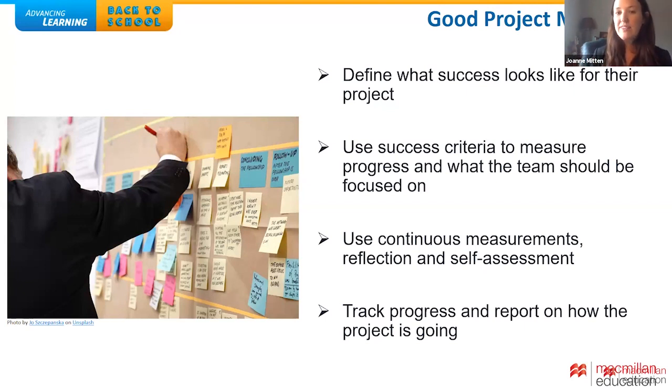How well are they tracking their progress and reporting on their progress? How well are they using their success criteria or meeting their success criteria? So this is the type of structure that will help you when you get down to it, if you have to give them grades or you're giving them verbal comments, verbal feedback.